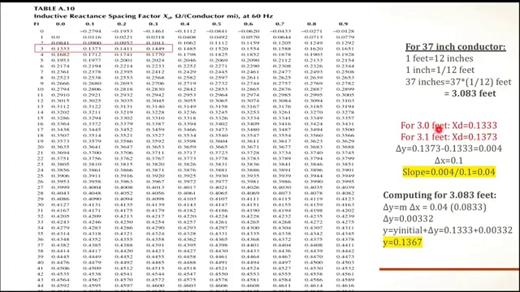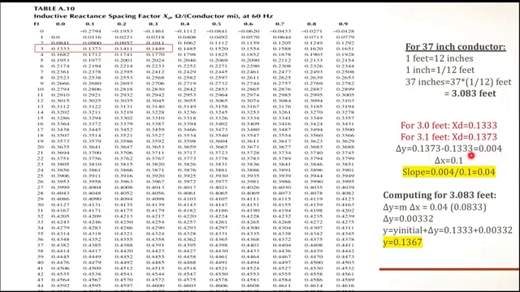So for 3.0 feet, XD is 0.1333, and at 3.1 feet, the value of XD is 0.1373. Taking the difference over here, that is delta X, that is 0.1, and this is delta Y. So taking this difference, that is 0.004.